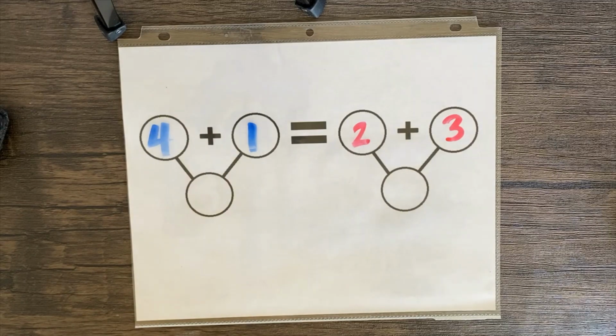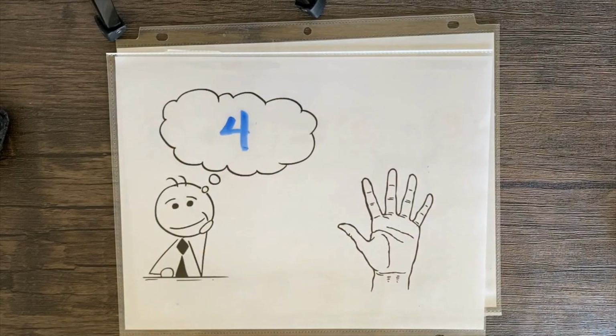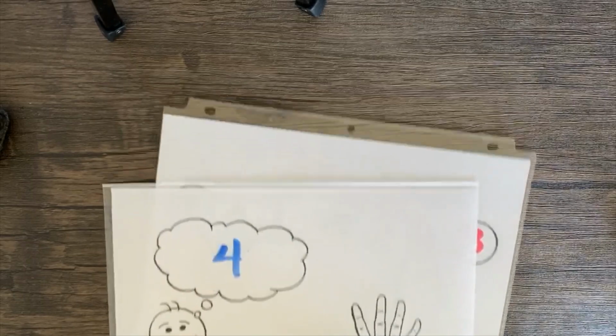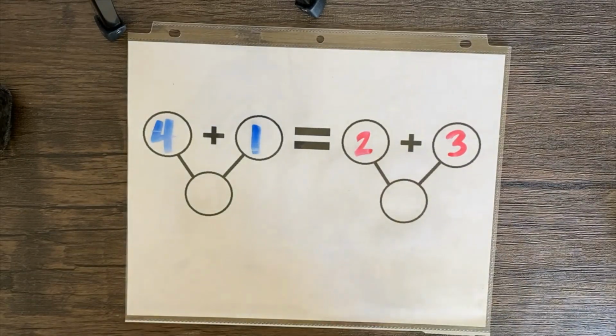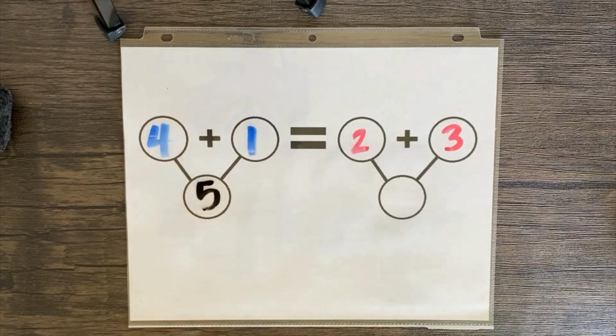I recommend using the count on strategy to help you. You can do that by putting 4 in your head and counting on 4, 5. Great. So then I know that my whole or my total on this side is going to be 5. Great. What about this side? 2 plus 3.